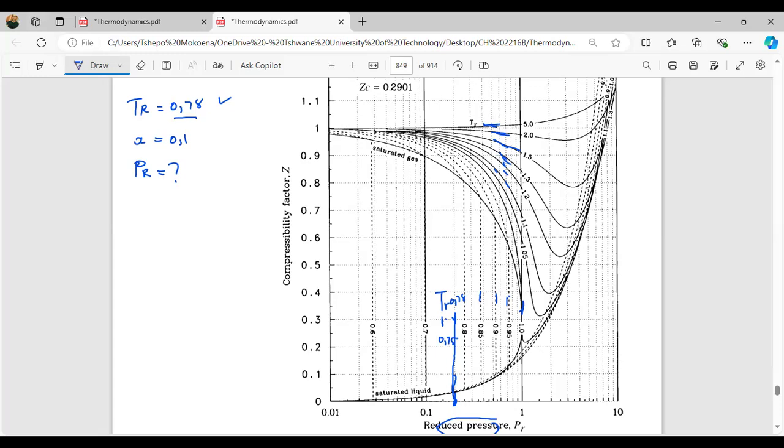Now my PR at this side, I'll try to use this scale once more to figure it out. What is the value over there? So I have 1, 2, 3, 4, 5. Okay, so what is half? What is the midpoint of 0.1 and 1? So I'm going to say 0.1 plus 1 divided by 2. I get 0.55. So the middle point, I would assume the middle is here.